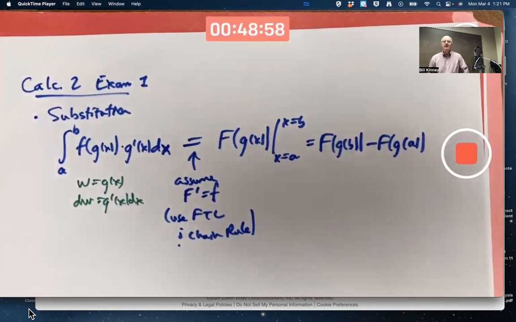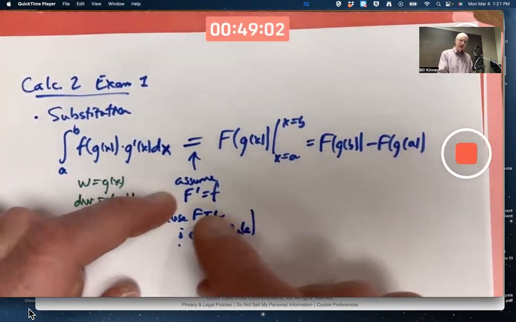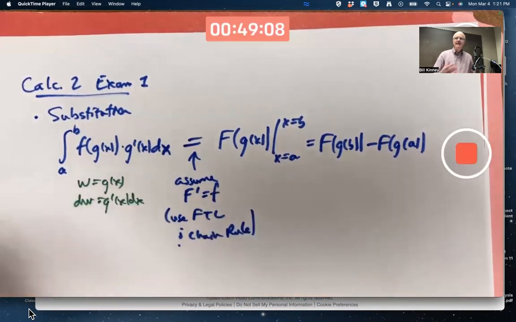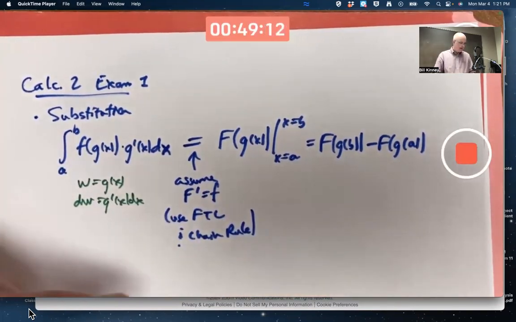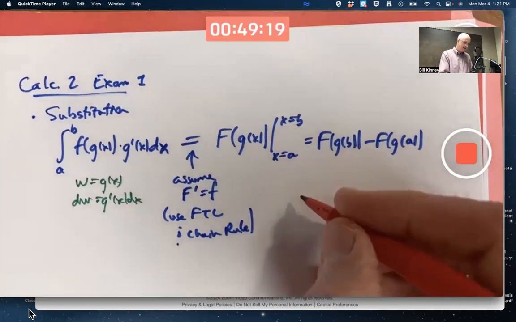If I assume capital F is an antiderivative of little f, in other words, capital F prime at any input value equals little f at that same input value, use the FTC and the chain rule, I can say this is true. Why?